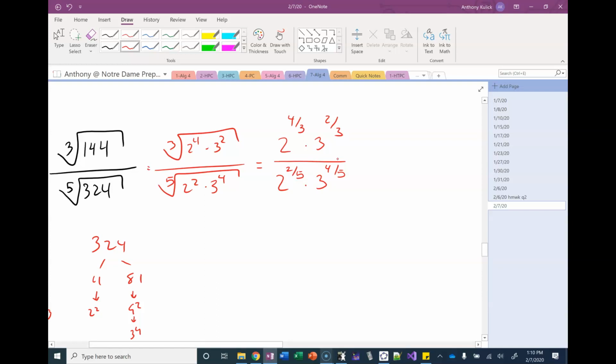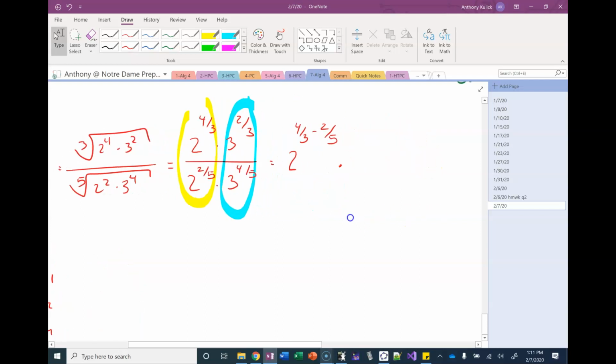In this problem, I'm going to use property 6 because I'm going to combine them. The 2's and 3's are in different levels of my fraction. So that's going to be 2 to the 4/3 minus 2/5. And then 3 to the 2/3 minus 4/5.